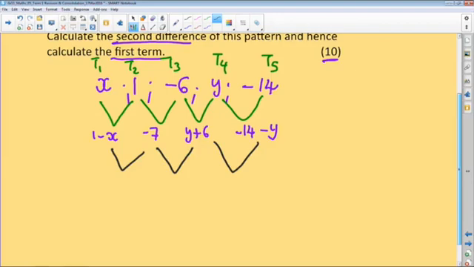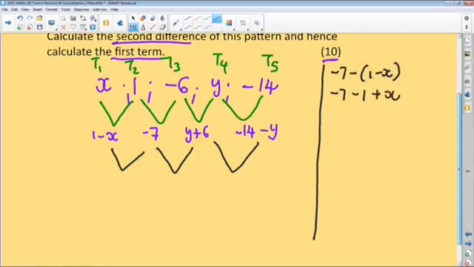I'm going to just work it on the side for you guys. It's minus 7 minus bracket 1 minus x, so that is minus 7 minus 1 plus x. So you get x minus 8, or minus 8 plus x.